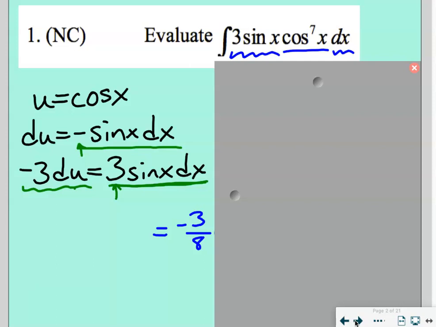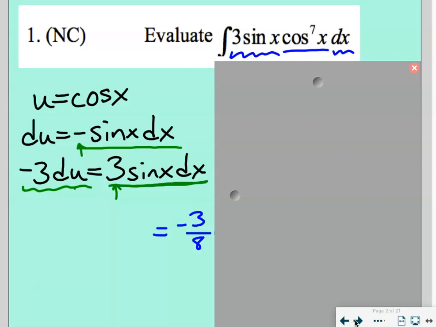So some of you guys are doing a u sub, writing u as cosine, and then just jumping in and starting to throw stuff on an integral symbol and hoping it works, right? You can't just write a u and then jump to the integral and throw stuff down and hope it's right.